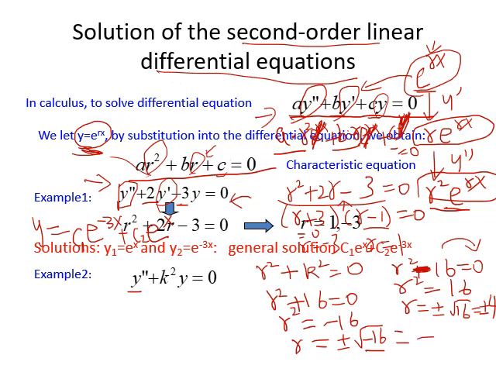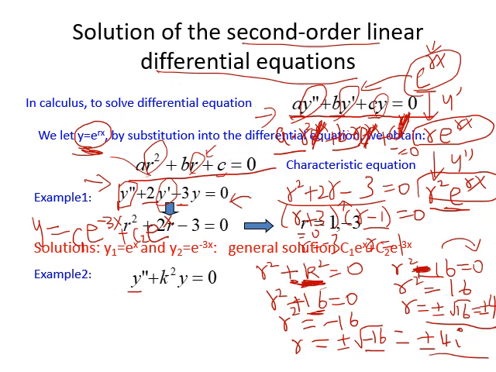So it's plus or minus 4i. From these two examples, we can see the sign of this number is very important. If it's negative, the solution is real. If it's positive, like here, then it's an imaginary number.